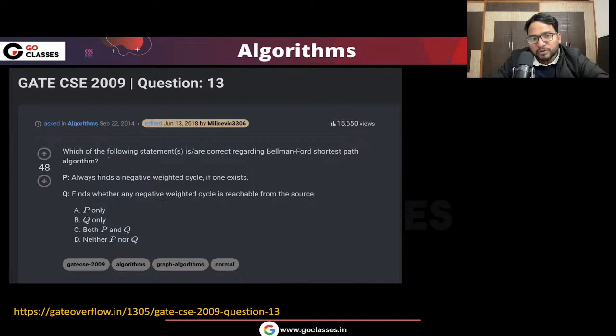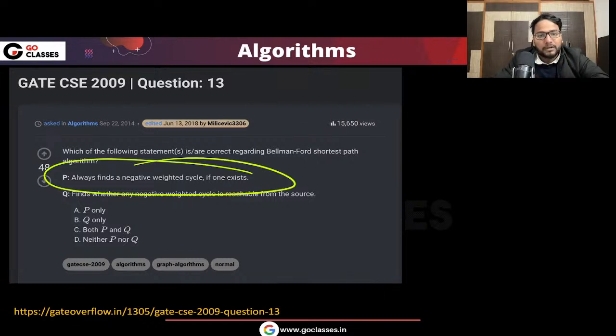So what they are saying: which of the following are correct about the Bellman-Ford shortest path algorithm? It always finds a negative weighted cycle. Need not be, right?